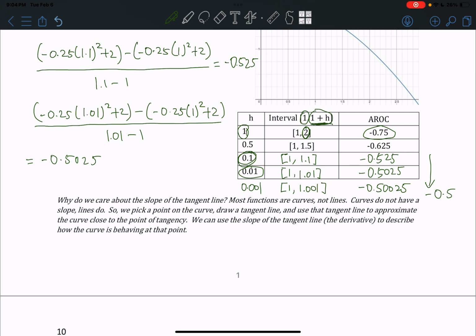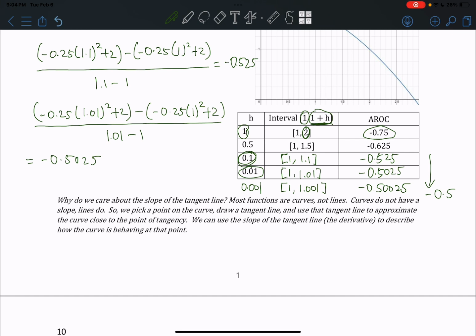So here, real quick, why do we care about the slope of the tangent line? Well, most functions are curves, are not lines, right? We like equations of lines because it's very easy to predict what's going to happen in the future. Most functions, unfortunately, are not that predictable, so we can leverage the idea of tangent line to make predictions around the point that we're working with.